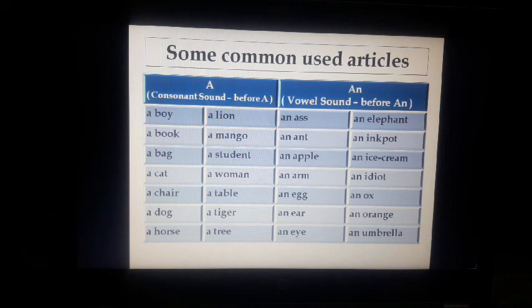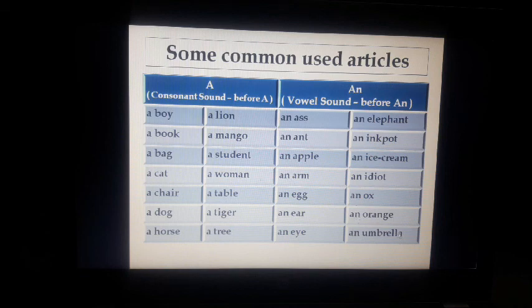Now let's see some examples of the words that begin with a vowel letter. An ass, an ant, an apple, an arm, an egg, an ear, an eye, an elephant, an ink pot, an ice cream, an idiot, an ox, an orange, an umbrella.